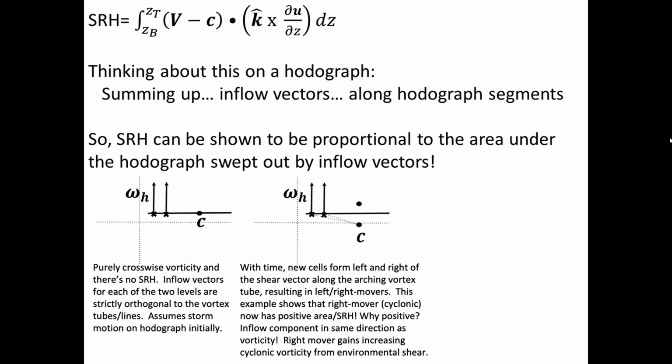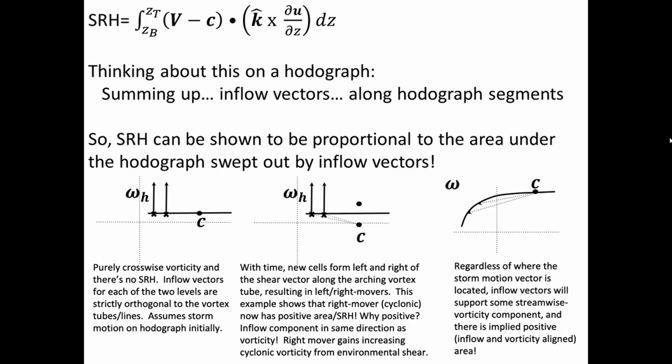That corresponds also to some component of that inflow vector from C to the flow vector in the lower portion of the profile to have a parallel component to the south to north vorticity. And you can see that. That inflow vector over here is not just east-west, it's also more south to north, as our right split peels off to the right of our shear vector, and that is going to correspond to some component parallel to our meridional horizontal shear.